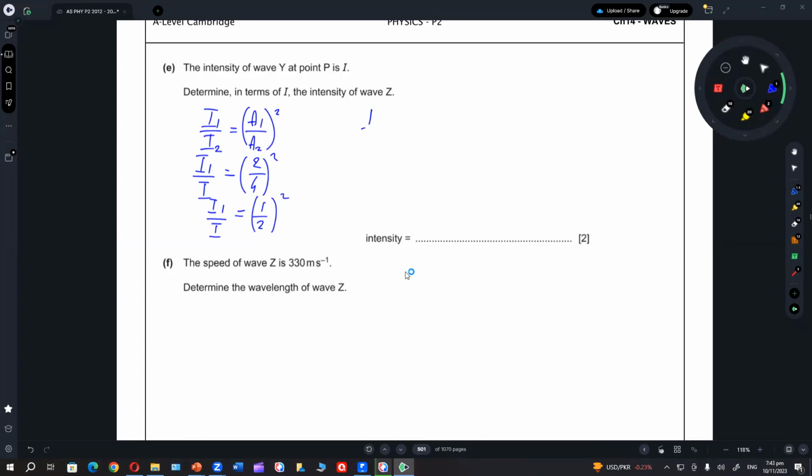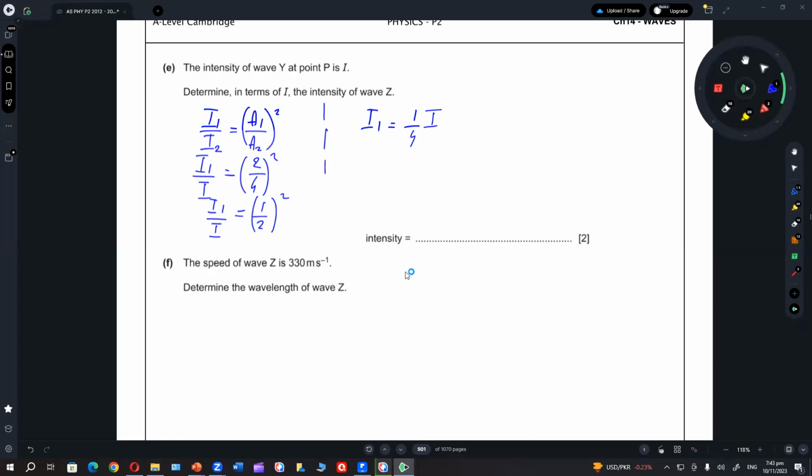Then I1 is equal to 1 upon 4 I. I'm taking y as 2 and z as 1, sorry. So one wave is y and one is z. So this is the working. If you people have any query, you can always ask me. This is our type of paper questions or trial work.